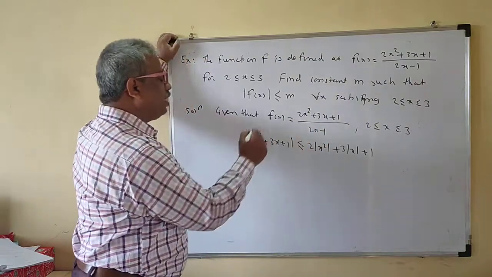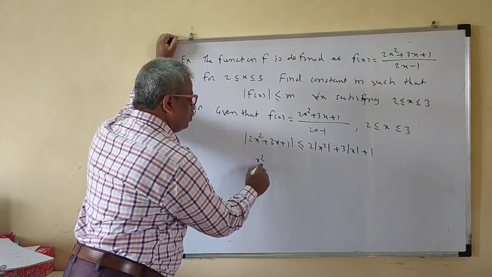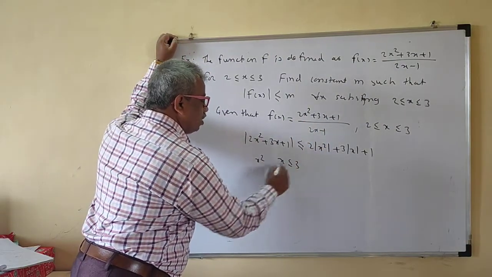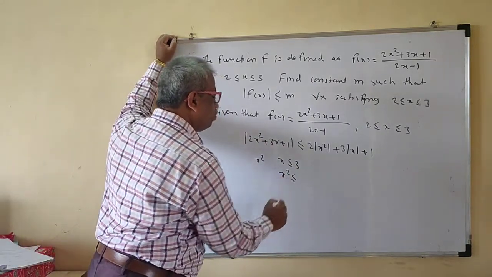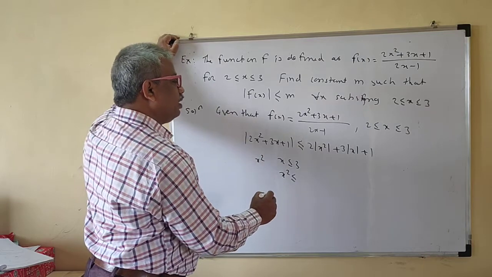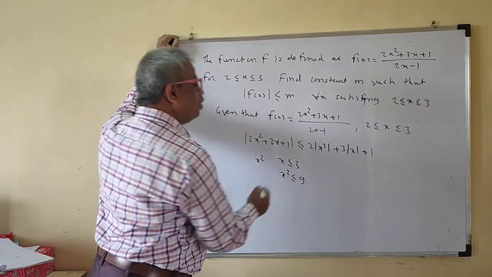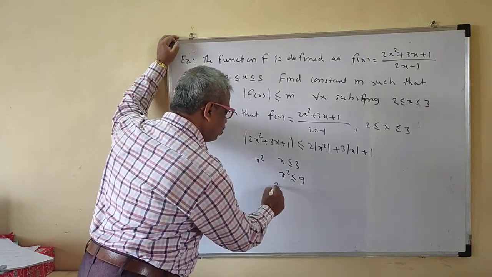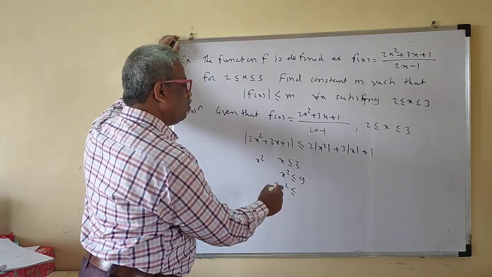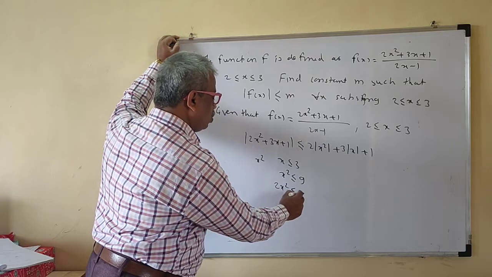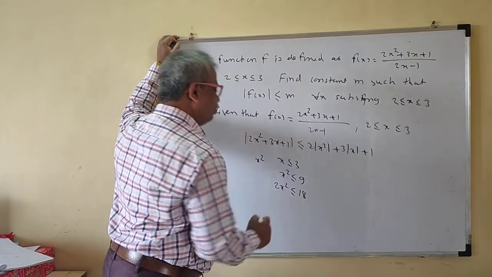See how you can obtain this. See x square. Your x is less than or equal to 3. Okay, so x square is less than or equal to 9 now. So twice x square is less than or equal to 18 now.